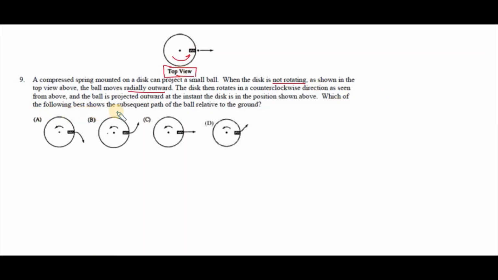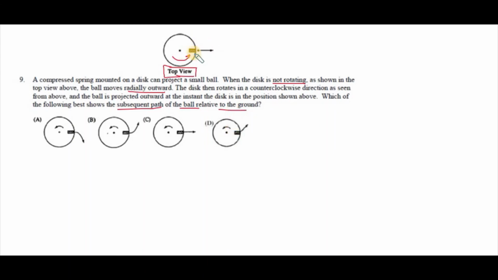Which of the following best shows the subsequent path of the ball relative to the ground? So the first top view is given without rotation, and the next options are given with rotation.